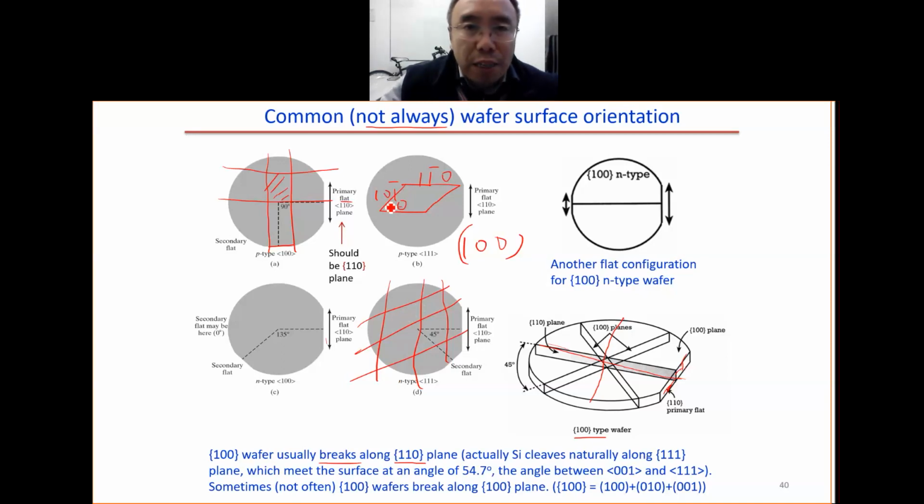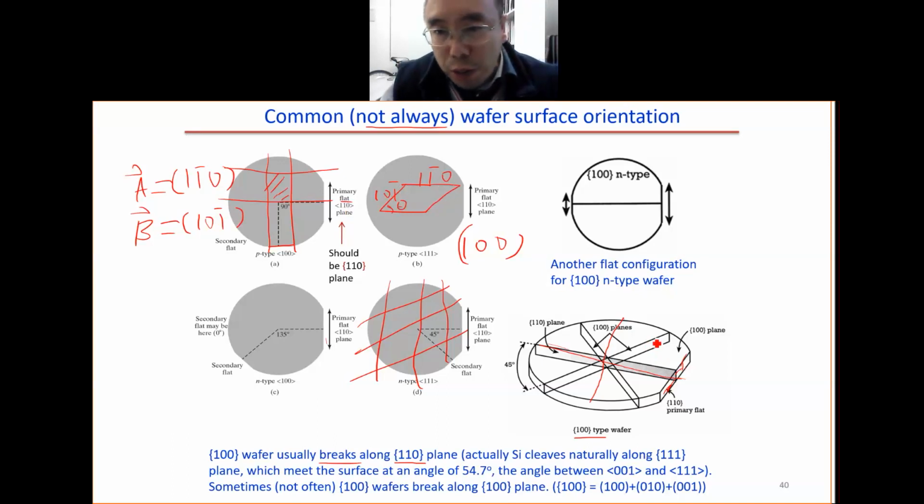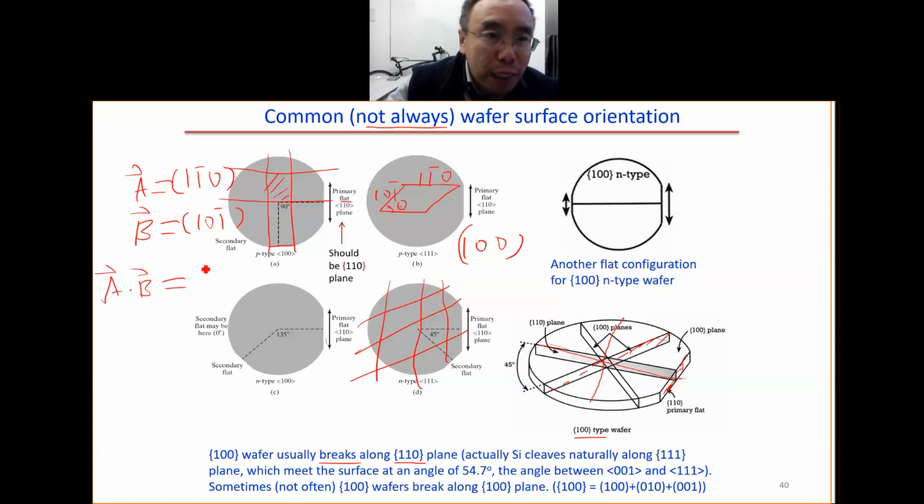So what's the angle here? We assume we have two vectors, A equal to 1 1 0 and B equal to 1 0 1. The angle between these two planes is the same as the angle between these two vectors. A dot B equals 1 times 1, plus 1 times 0, plus 0 times 1, so equal to 1.